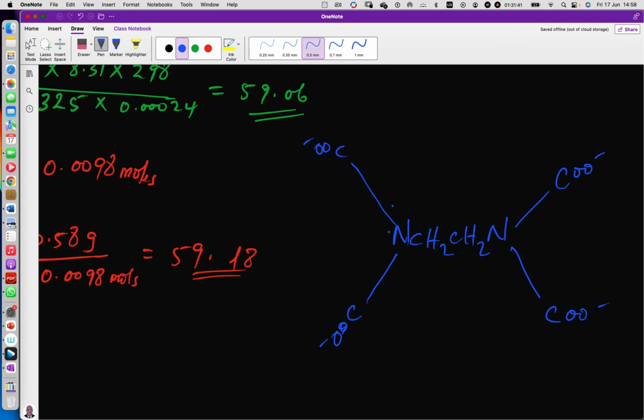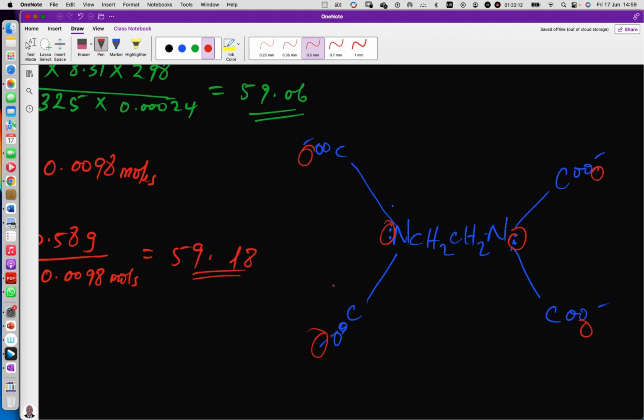So there's a lone pair of electrons here, a lone pair of electrons here. So the coordination will be from, because there's a bond here, the coordination is from here, from here, from here, from here, from here.